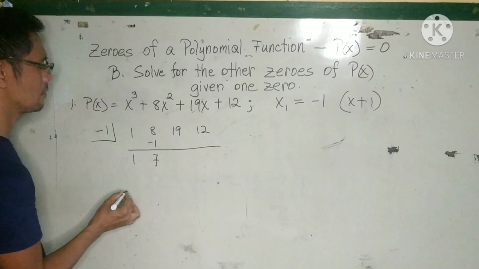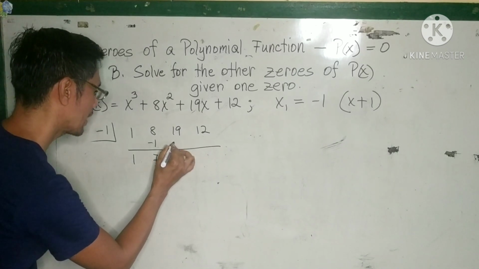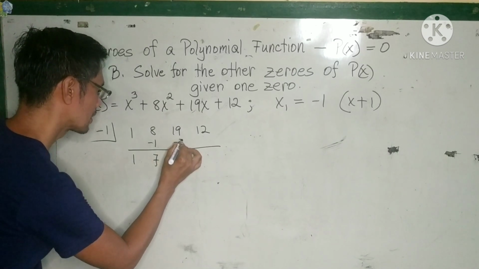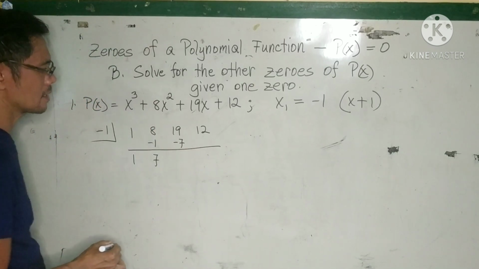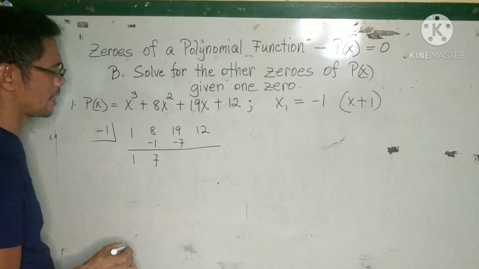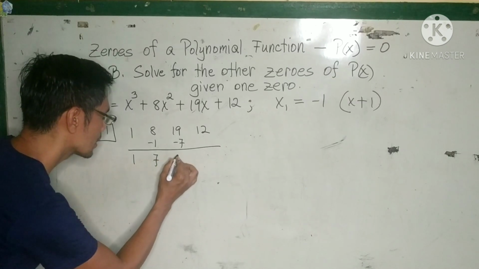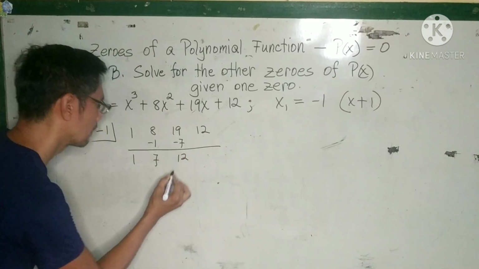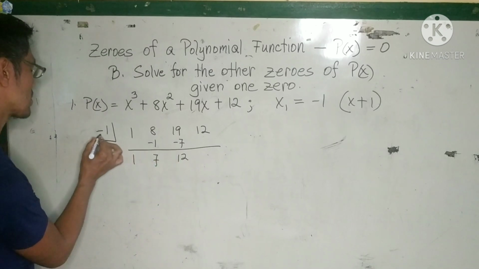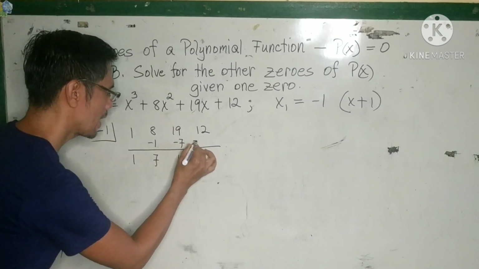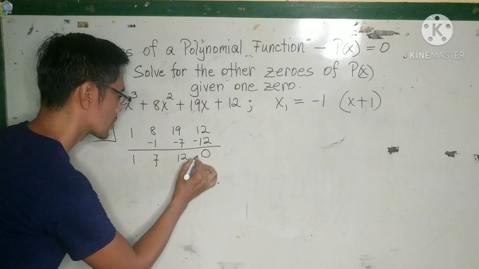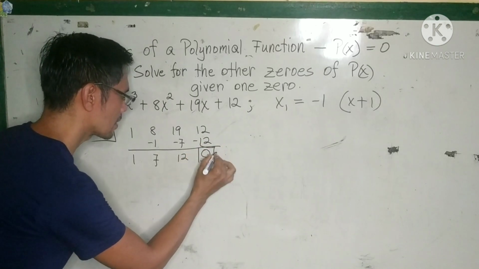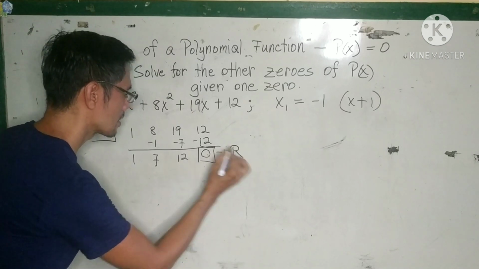7 times negative 1, we have negative 7. Then 19 minus 7, or 19 plus negative 7, is 12. And 12 times negative 1, negative 12. So you can observe that the remainder is 0.